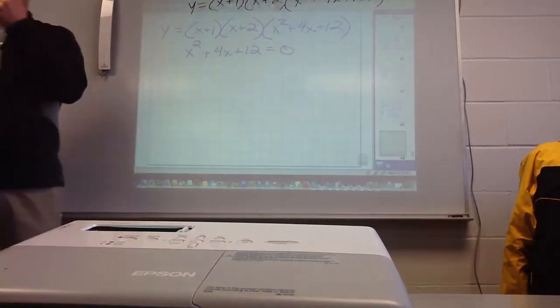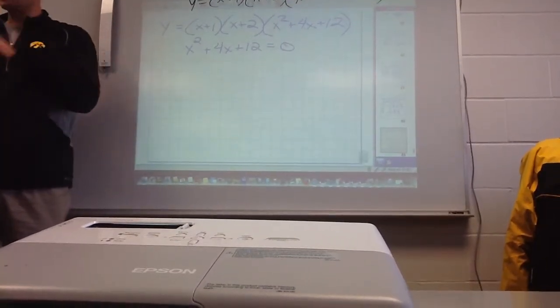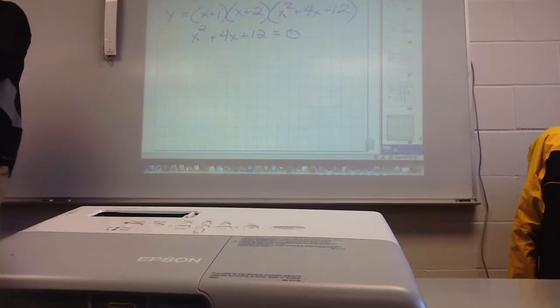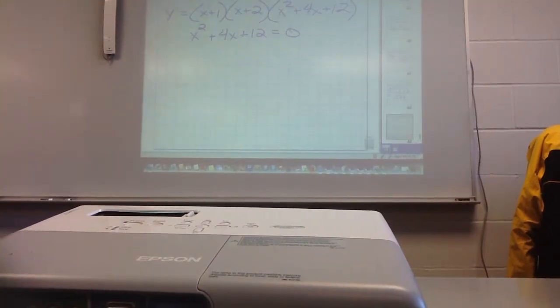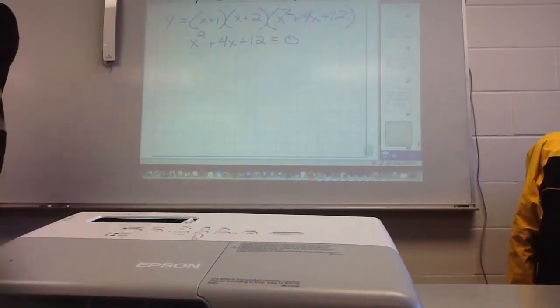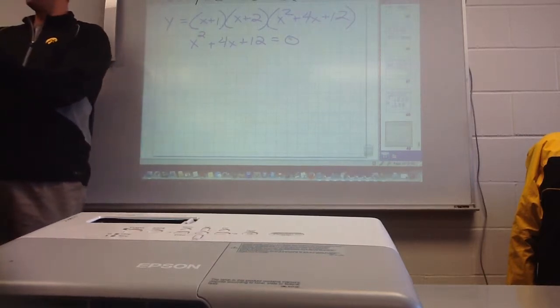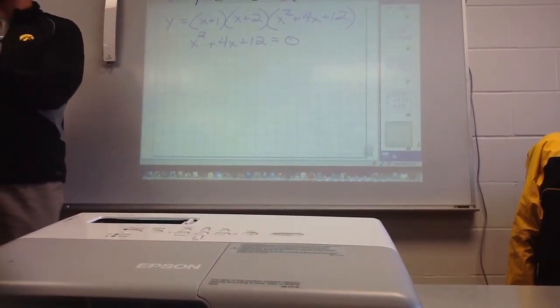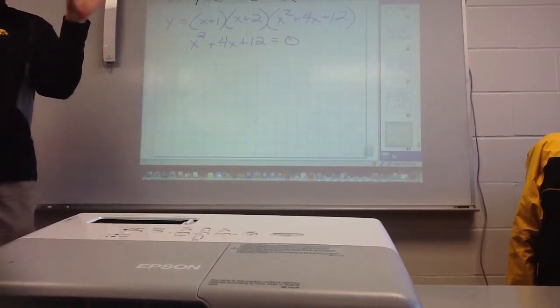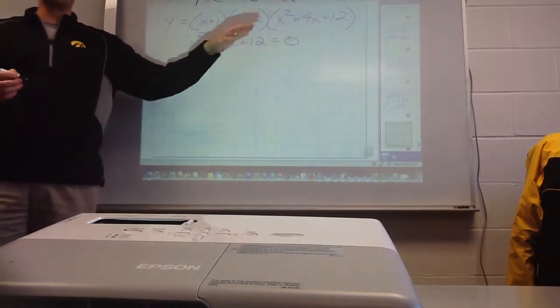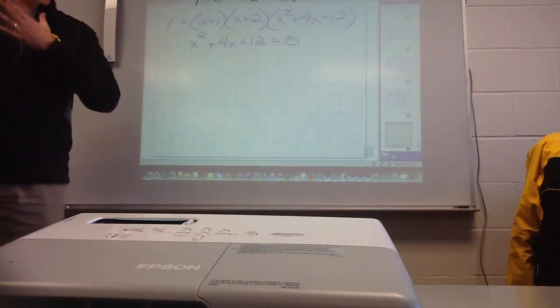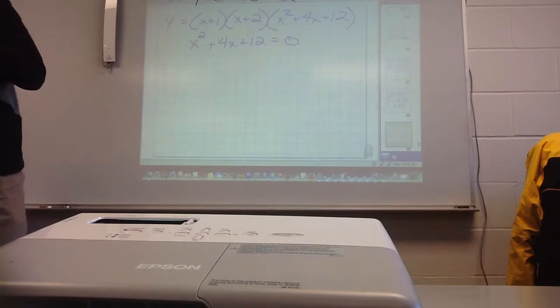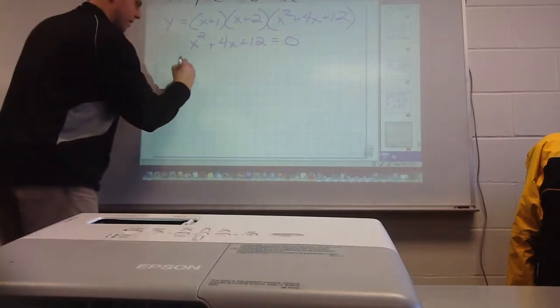How do you want to solve it? Completing the square, or quadratic formula. Either one will be fine. I'm kind of a quadratic formula person. So here I go.